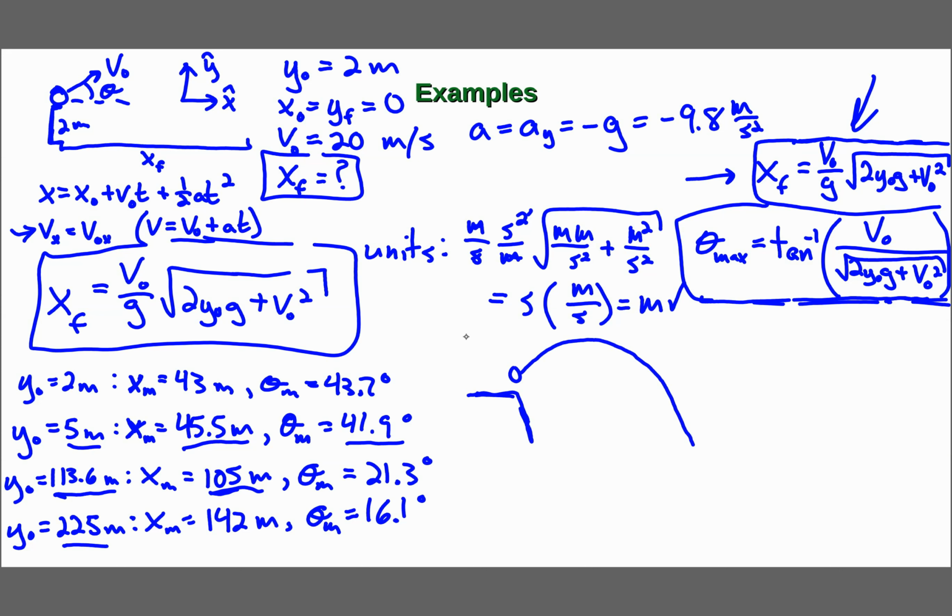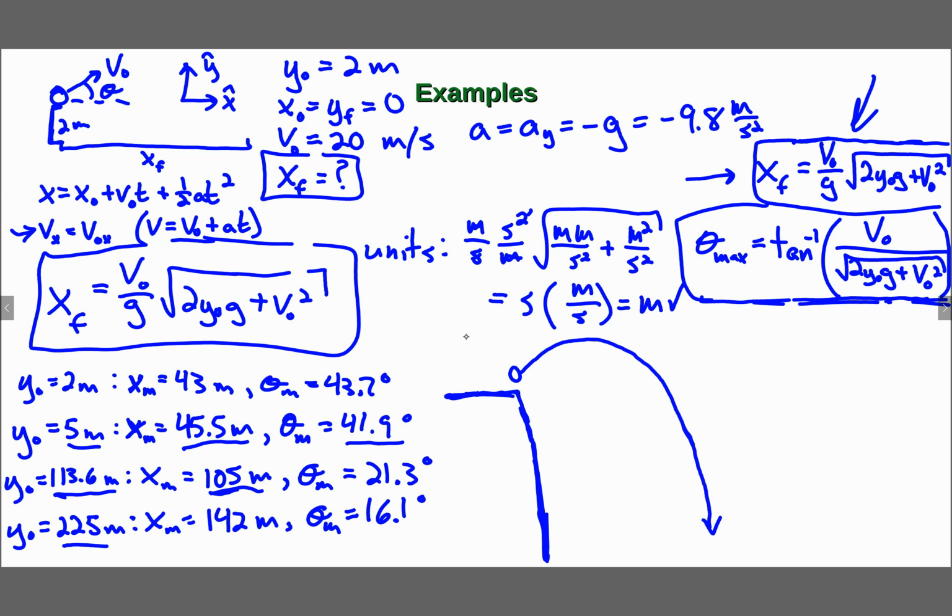But then if I'm another 10 meters up, see how much I'm already pointed down? And it just points increasingly down as we go, all right? As I keep going up, I keep giving it more and more time to add speed in the y direction, but the speed in the x direction never changes.